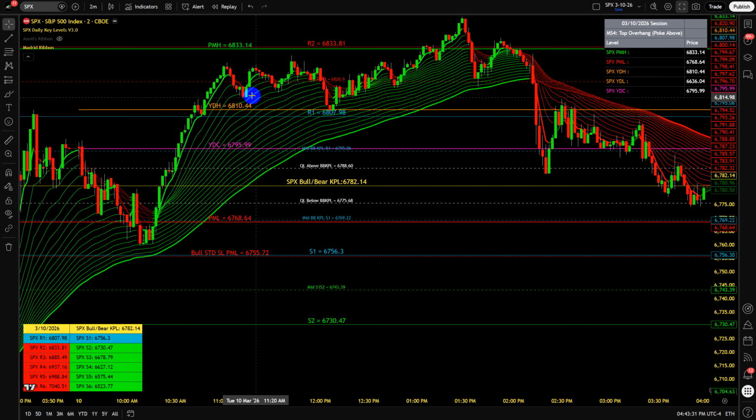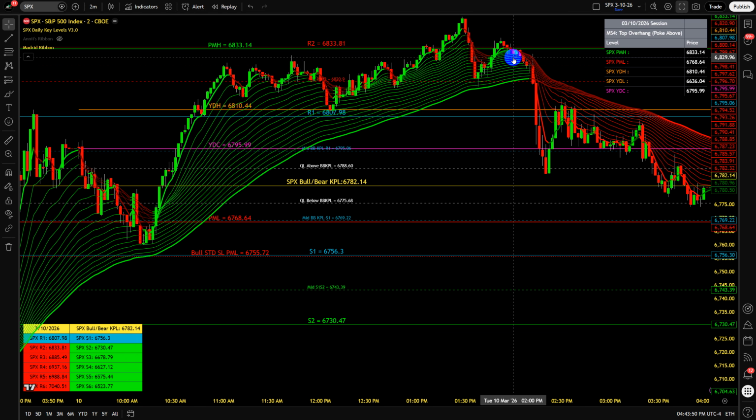However, it does give all of the other ones. But as you can see here, the entire ribbon on this one also turns green on this 10:18 candle, which happens to coincide with this break above the PML level.